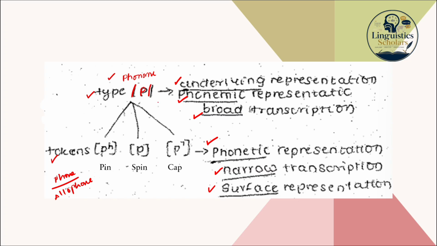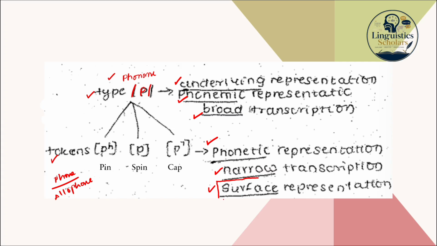Here the phoneme is called underlying representation because when we are producing, we are not actually producing these sounds. As a result, they are called underlying representations. But here we call it narrow representation or surface representation because these are basically what we are producing while uttering a word.